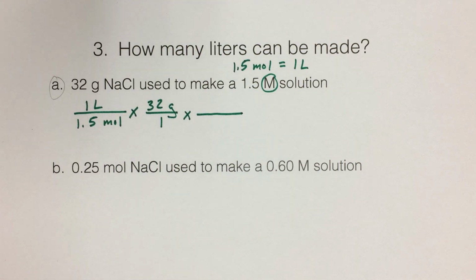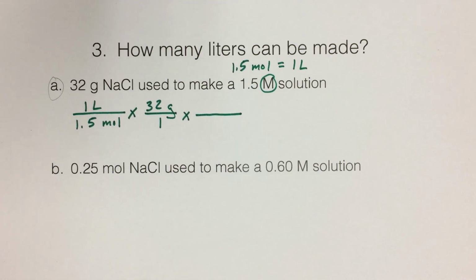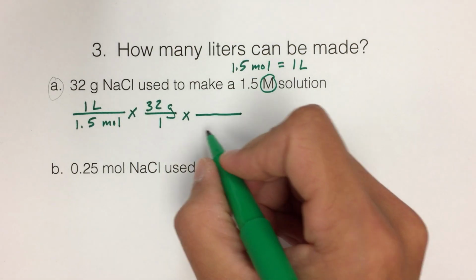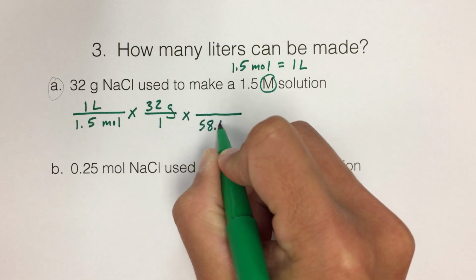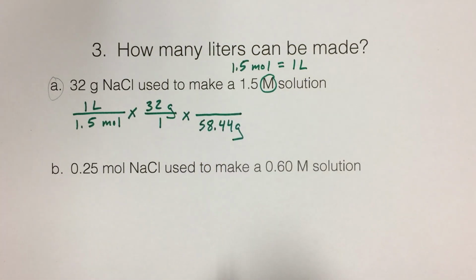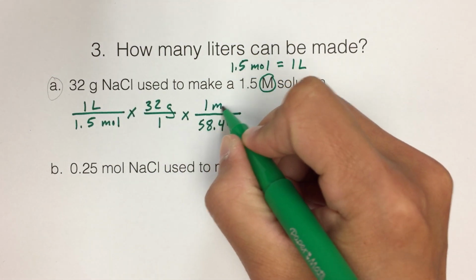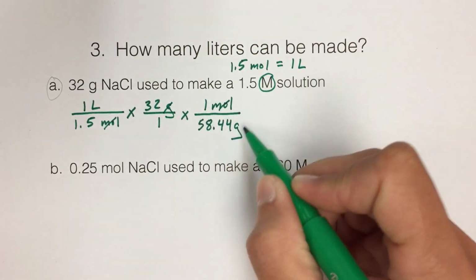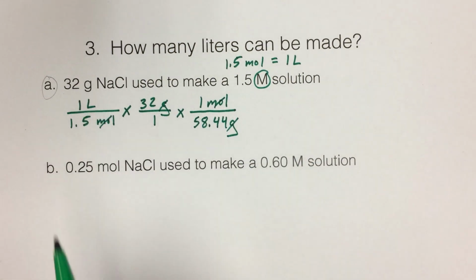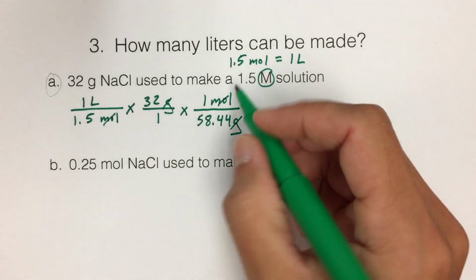So we already did the molar mass of sodium chloride earlier, and it's 58.44 grams. So we need to put the 58.44 grams in the bottom so that it'll cancel here. And how many moles is that? Always 1, right? So now the moles cancel, the grams cancel, we are left with liters, and that is what we want our answer to be in, because it's asking how many liters can be made of this solution.